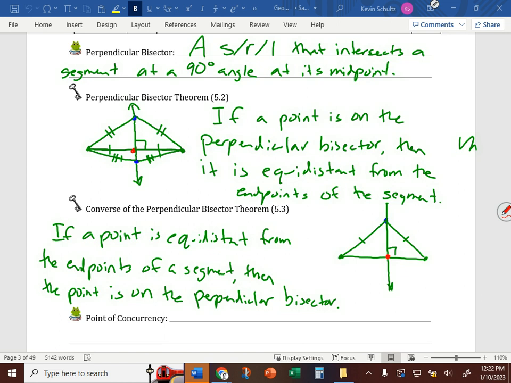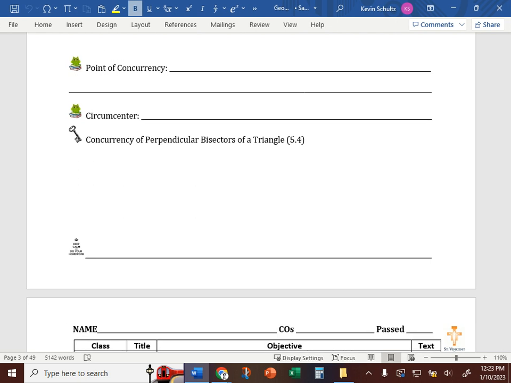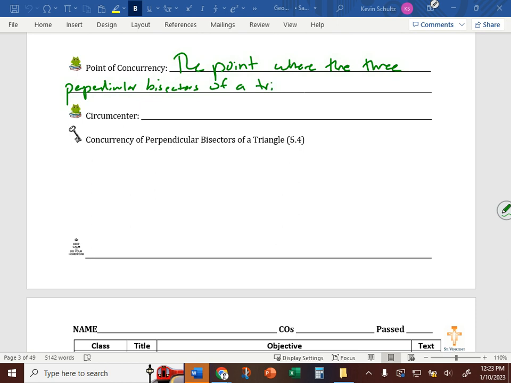All right. We're going to pause the video here to talk about what's called the point of concurrency. Actually, let's define it first, and then we'll pause the video. The point of concurrency is the point where the three perpendicular bisectors of a triangle meet.